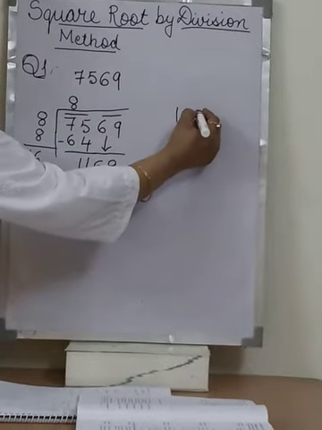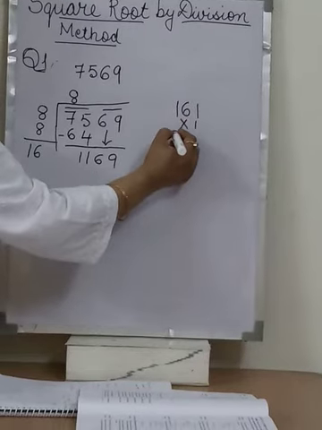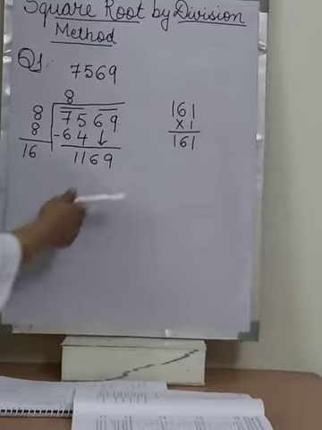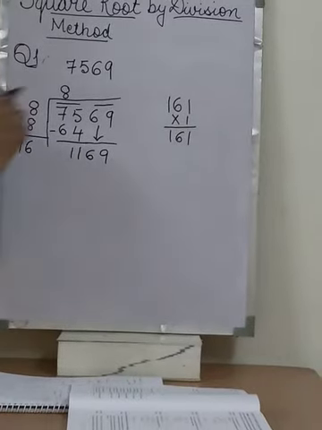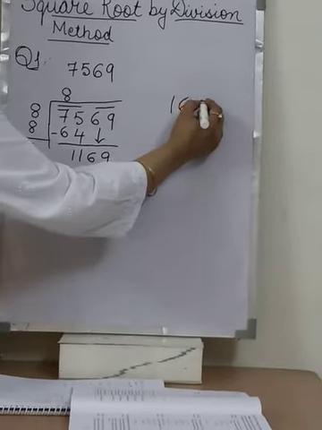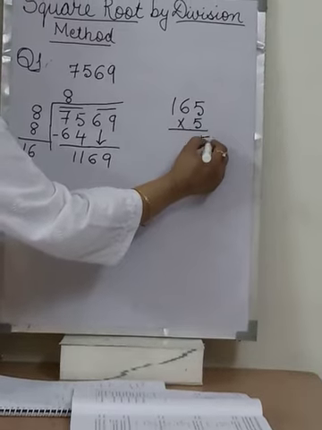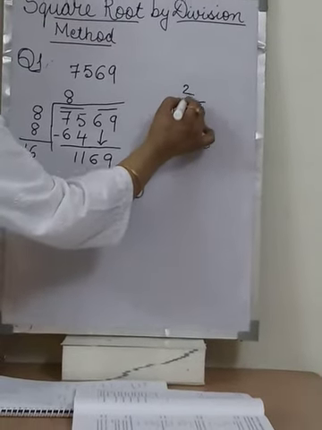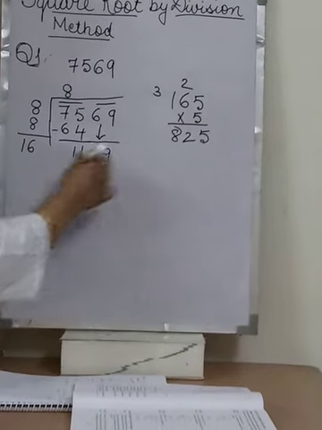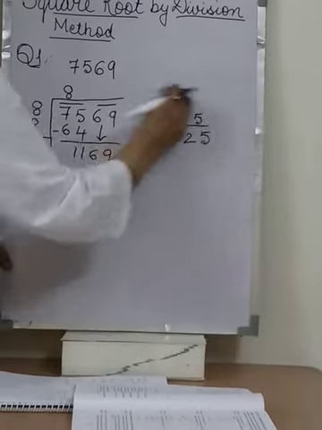So firstly I place 1. Whatever number we place in front of 16, we multiply it with the same number. So it becomes 161, which is far less. So I multiply with a larger number, 165, and I multiply it with 5. 5 5s are 25, 5 6s are 30, 31, 32, 5 1s are 5, 6 7 8, which is smaller than this. That means 5 is not going to work out.